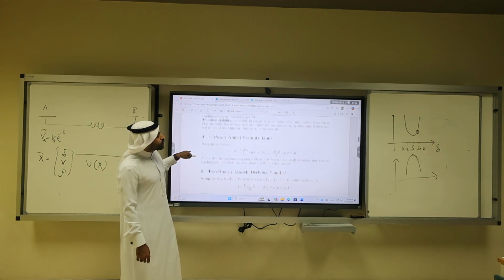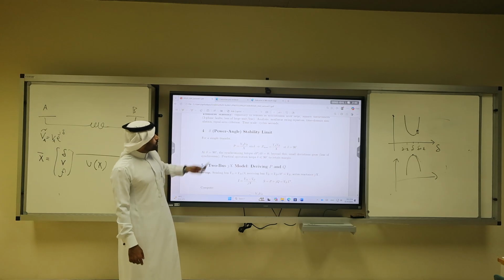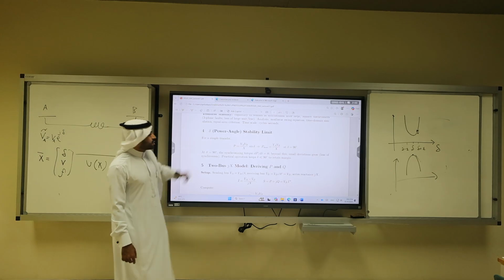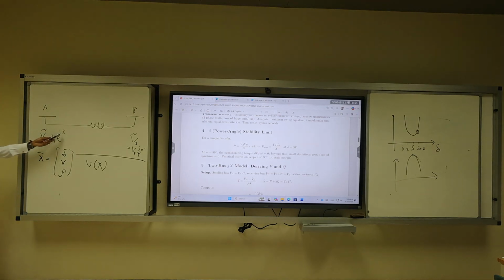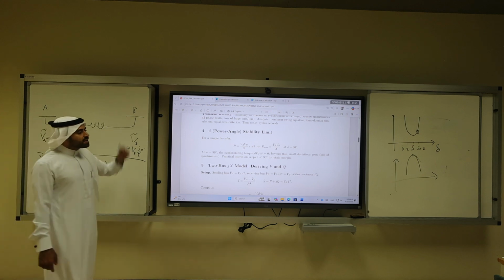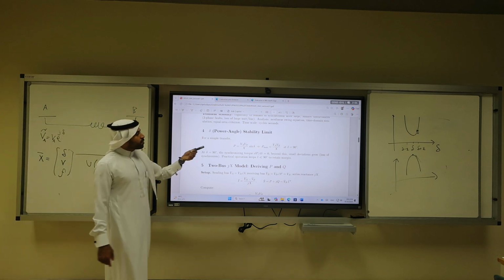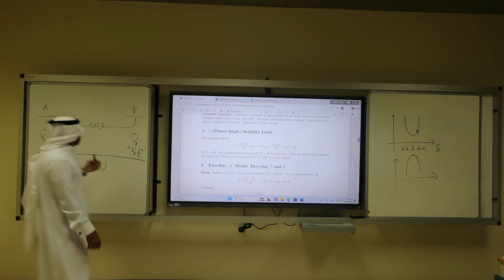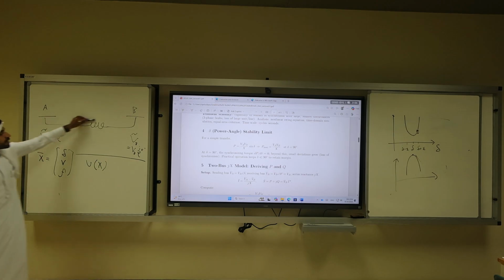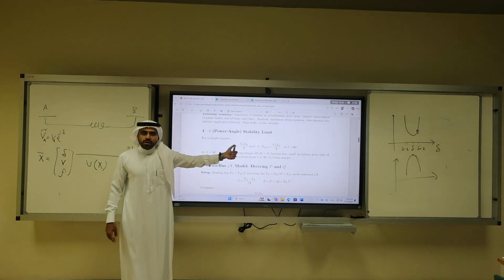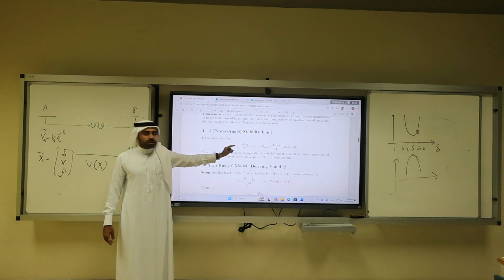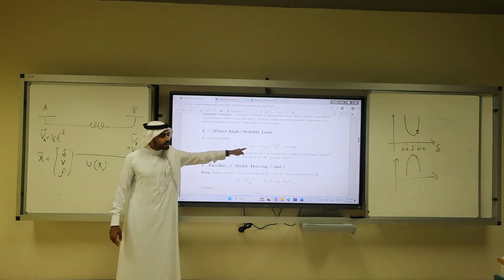So, if you recall in power systems, what is this delta? If I have a simple two-bus system, delta is the angle between bus A and bus B. Why is this delta important? Because it tells me how much real power I can transfer. Using this equation, have you ever seen it? VA VB over X sine delta.